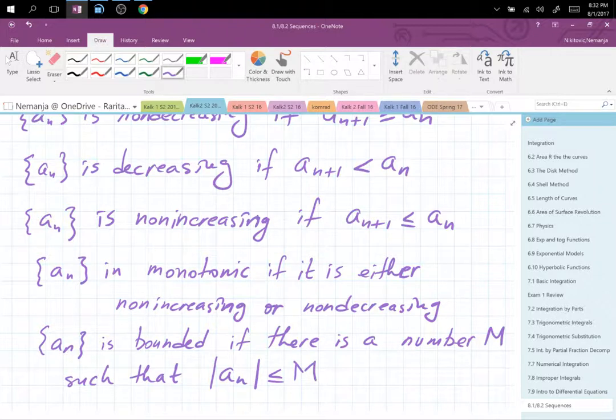Because it's a bound, the sequence has to be less. You can't go over the bound.